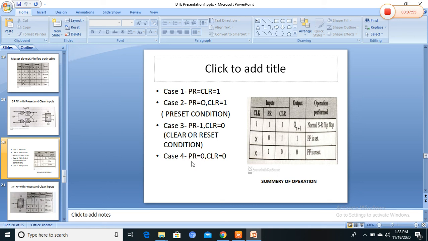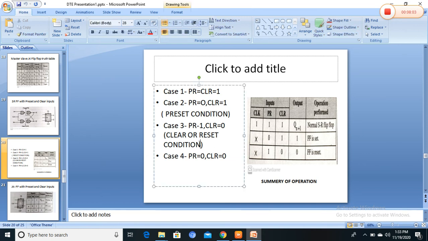In the third condition, preset is 1 and clear is equal to 0. In this, the output of gate 4, that is Q bar, is equal to 1. Therefore, the three inputs to gate 3 will be 1, so Q becomes 0.